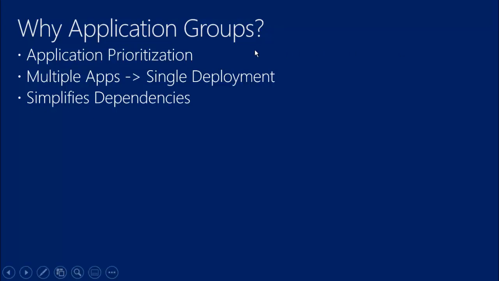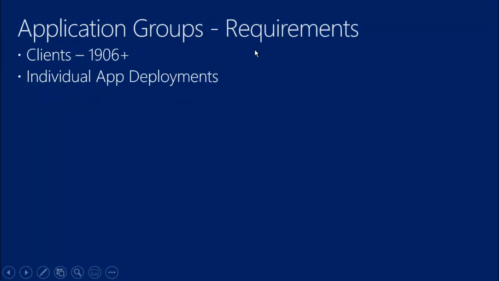All right. So application groups, what are the requirements for using application groups? Well, the answer is not many, right? You do need to have 1906 of Config Manager. That's where we first introduced application groups. Your clients all need to be on 1906 for those that you want to be able to accept application group deployments, right?